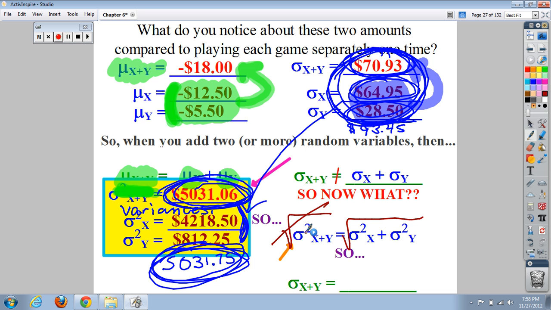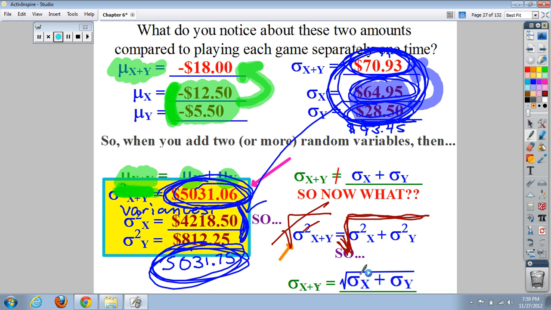Now, this square root and this square will cancel each other out, but this square root on the right side will not cancel out both of those squares because of that plus sign in between. So it has to stay just like that. If you want to find the standard deviation of two random variables added together, you really have to add together the standard deviations of the individuals and take the square root of them.